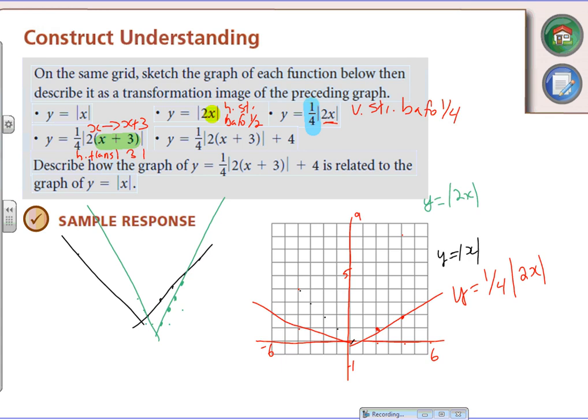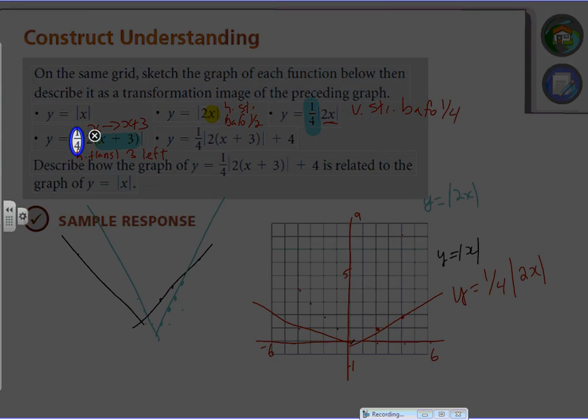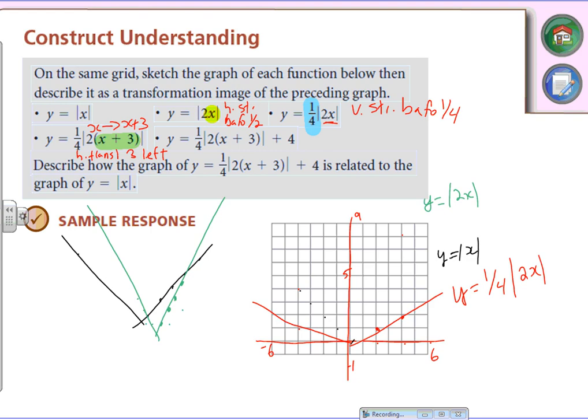Plus 3, that's going left. So we're going to take this graph that we've just drawn, which is exactly the same shape. It has the same vertical, same horizontal stretches. We're going to take that same shape and move it 3 to the left. Every point we subtract 3.